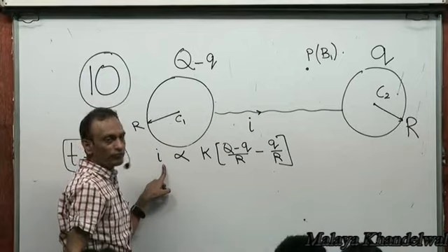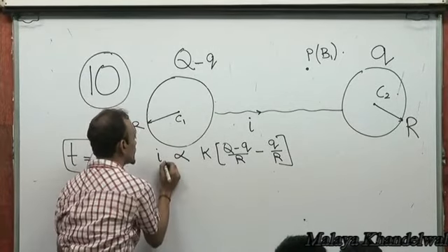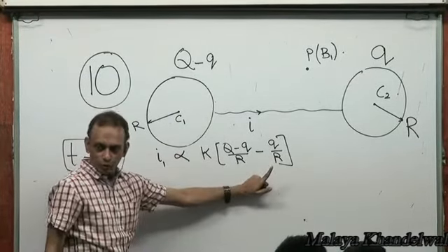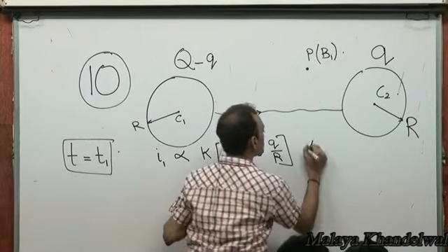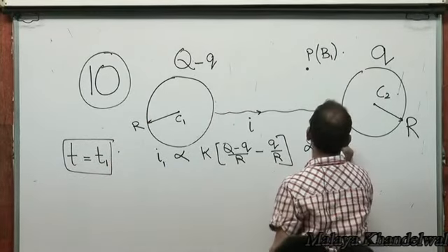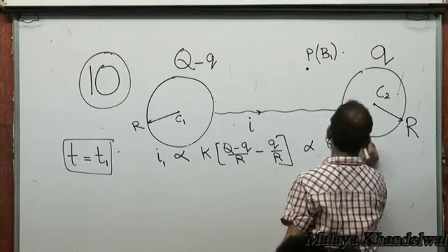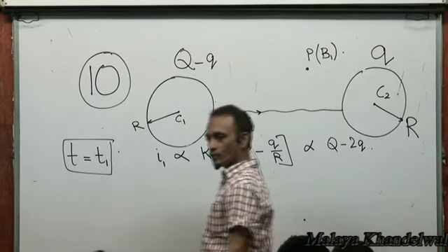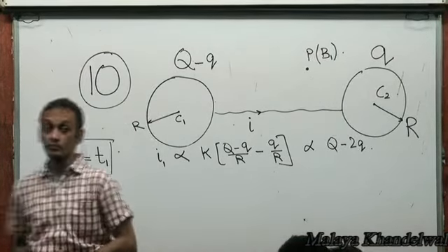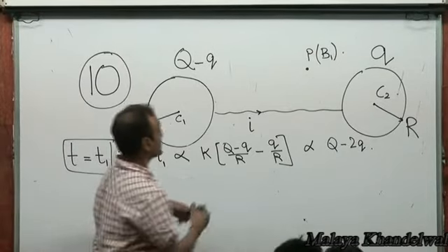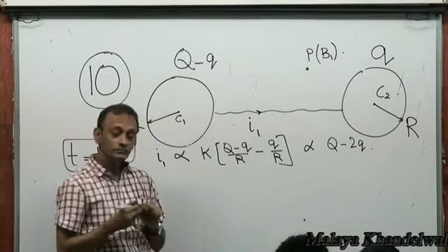So the current flowing at this instant at time t equal to t1, say I1, is proportional to this. R and Q are constant, so it's proportional to Q minus 2Q. Now, that's the current I1 at this instant of time.